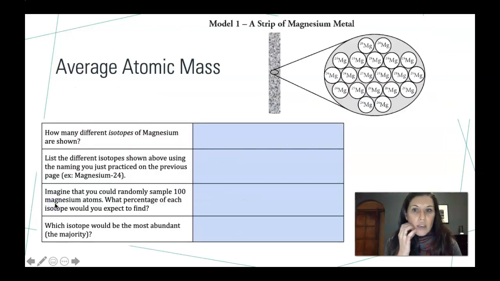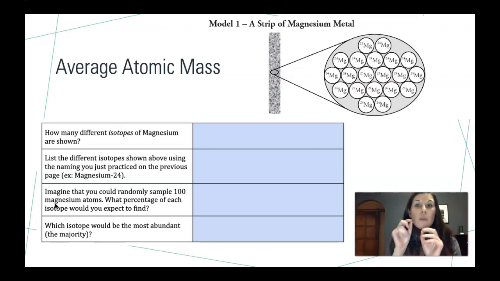Okay, so we have mentioned average atomic mass a whole lot, and that it's a decimal because it's an average. Well, what is it an average of? It's actually an average of the masses of all the isotopes of that particular element.